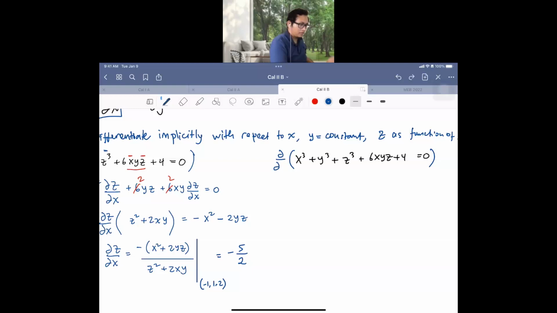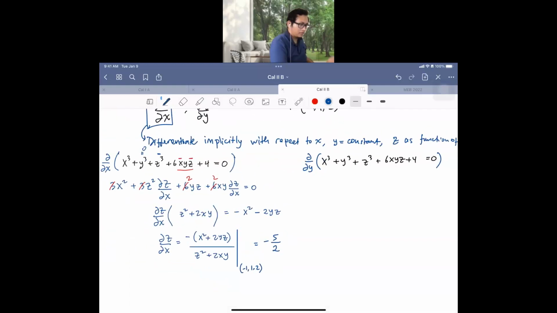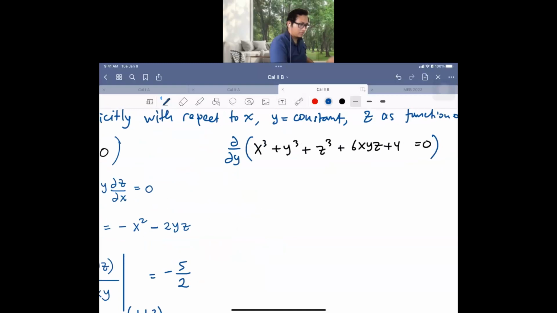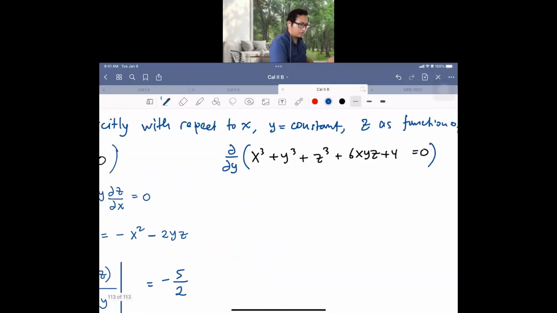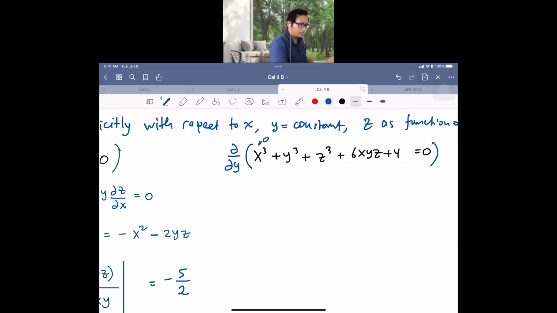Now we are going to treat x as a constant. So this will be 0, and this will be 3y squared. And now we have 3z squared, dou z over dou y.